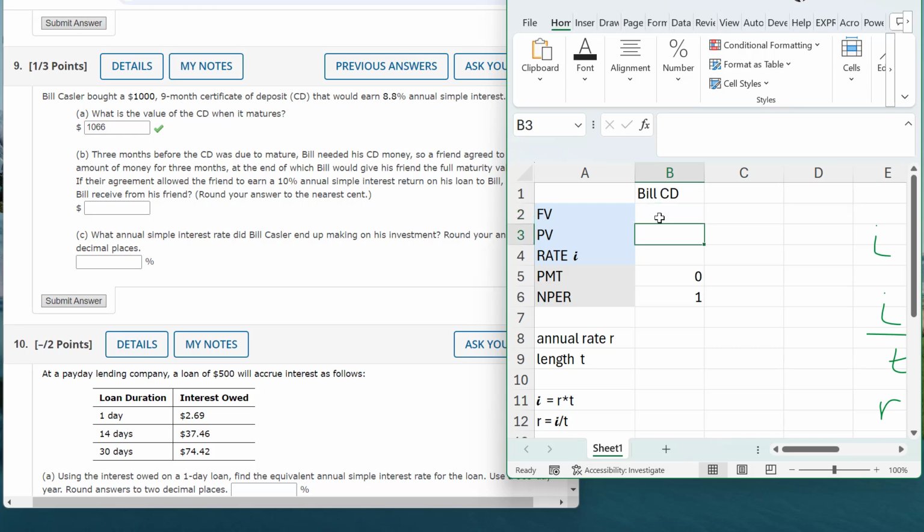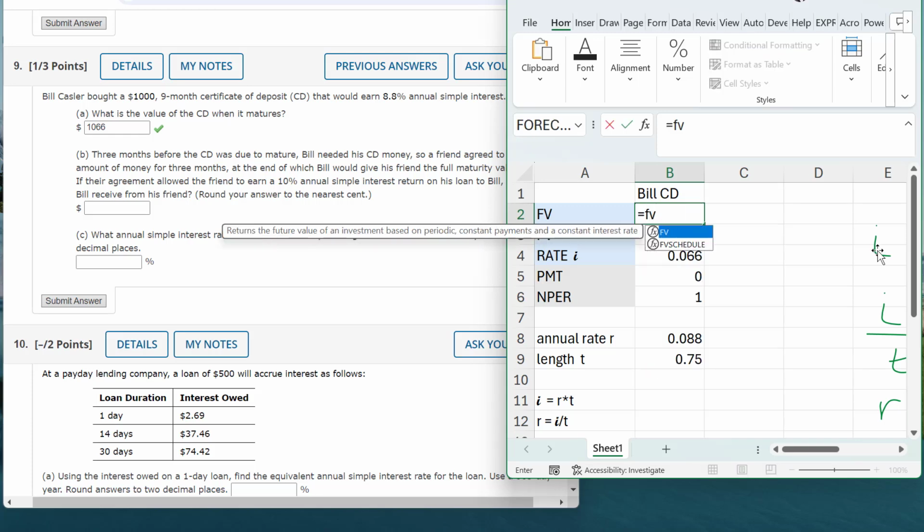He bought a $1,000 CD, so that's negative $1,000 leaving his pocket, that would earn 8.8% annual simple interest. And it was a 9-month CD, so 9 out of 12. That makes the rate per period, annual rate multiplied by time. What will be the future value?